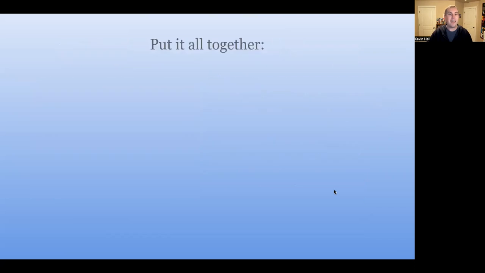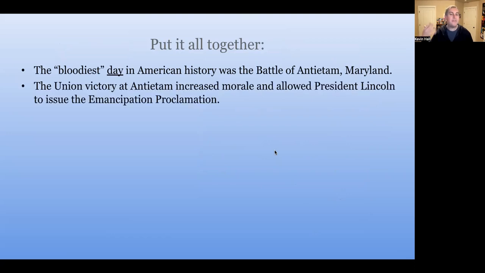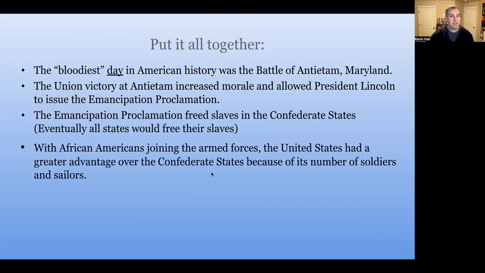All right, so let's tie things all together. This all occurred after the Battle of Antietam, which was the bloodiest day in all of American military history. And that gave the Union Army enough momentum that Lincoln was like, okay, now's the time. After winning the Battle of Antietam, people are getting behind me and supporting me. And so he issued the Emancipation Proclamation, which freed the slaves in the Confederate States, right?